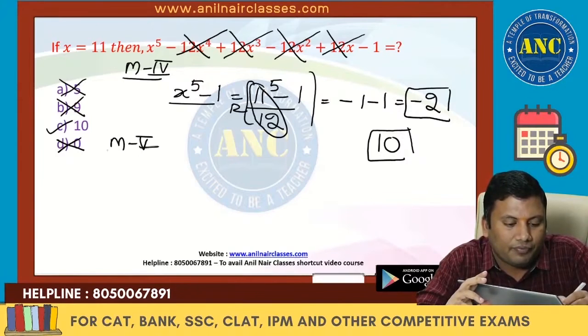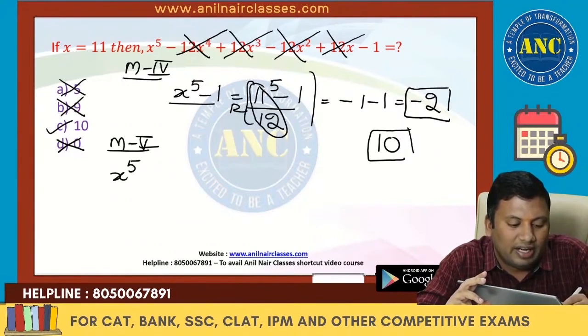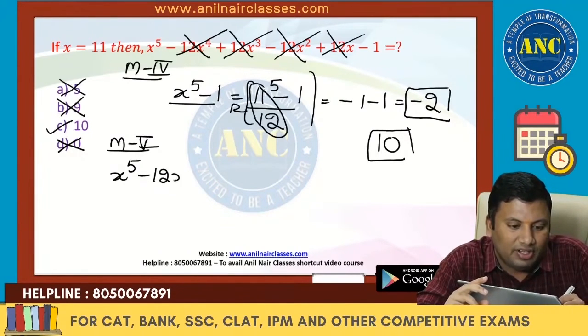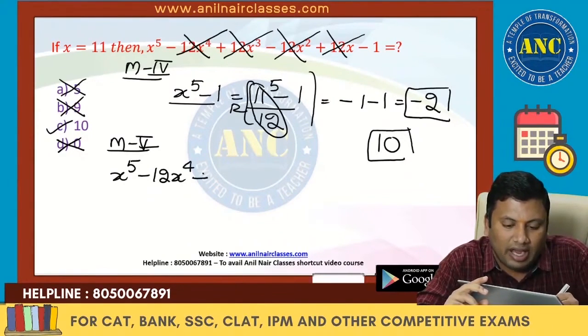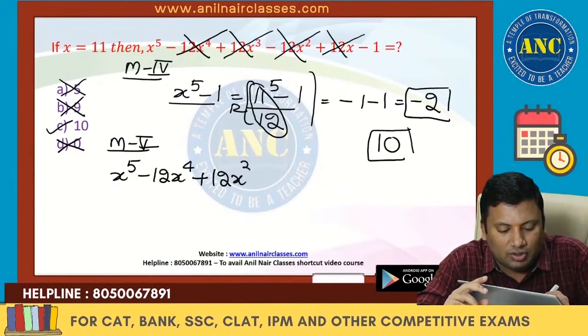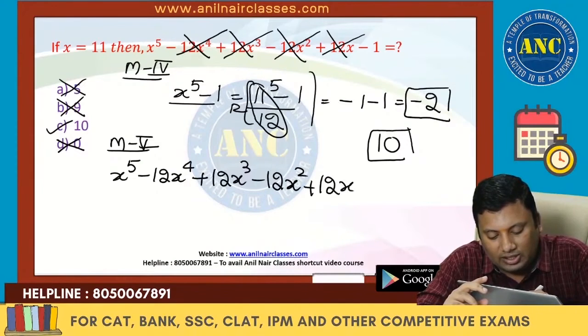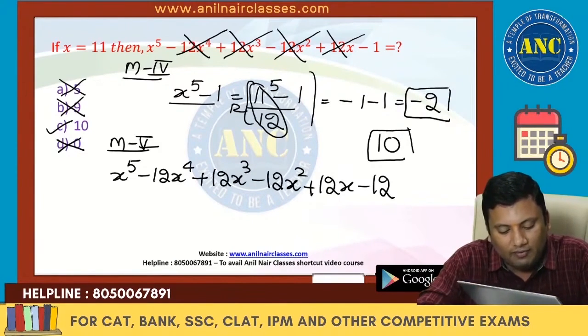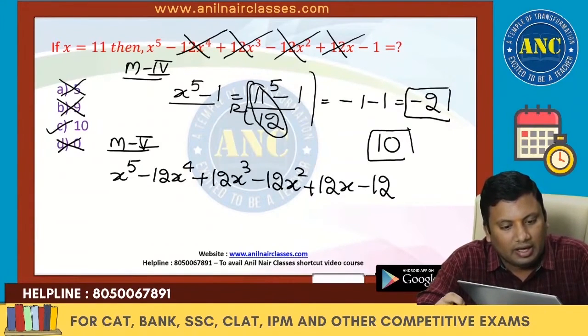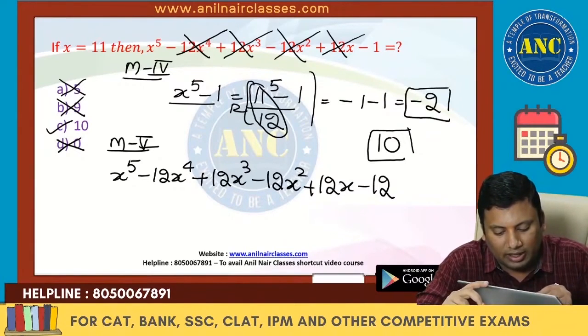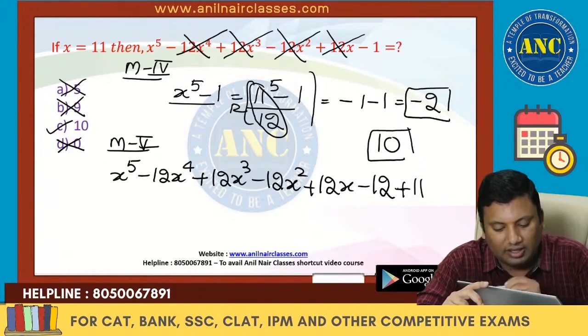Method number 5. I already told you, if the degree of the higher order equation is odd and the coefficients are in the x plus 1, k plus 1 format, like 12x cube minus 12x square plus 12x, then this is the question.